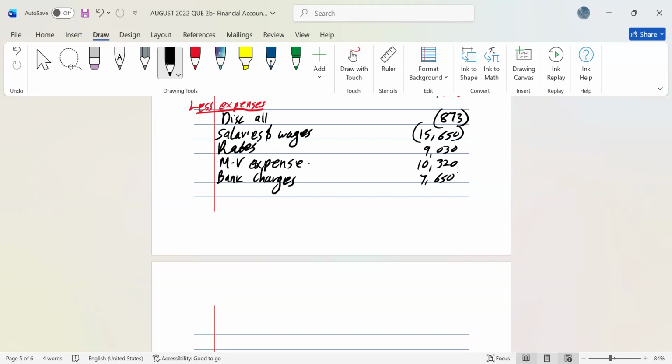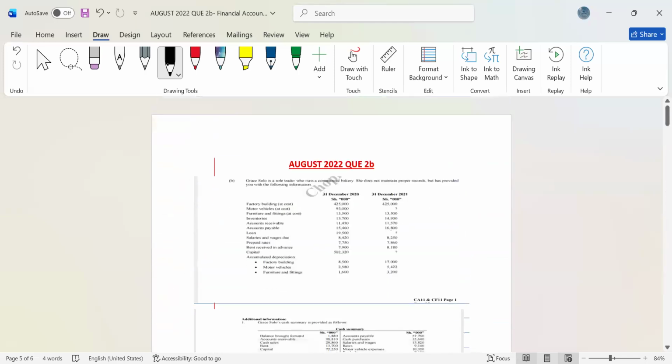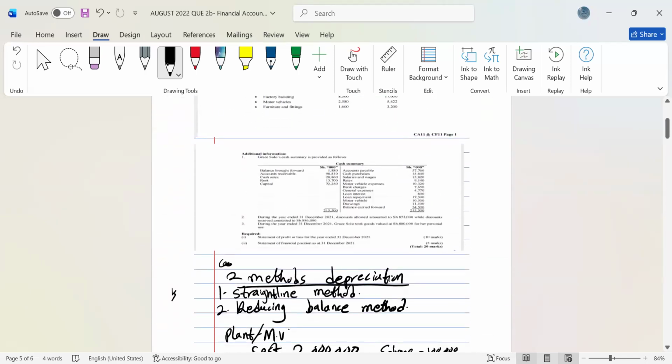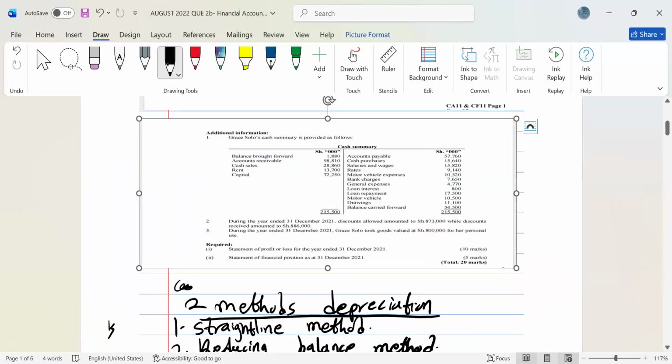Then did we have any other expense? General expense.